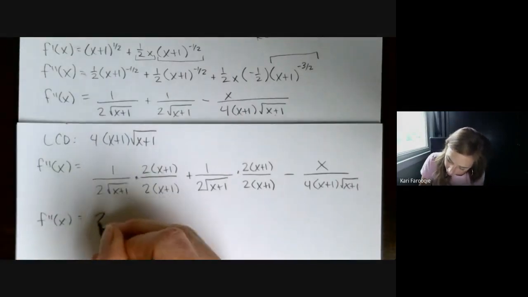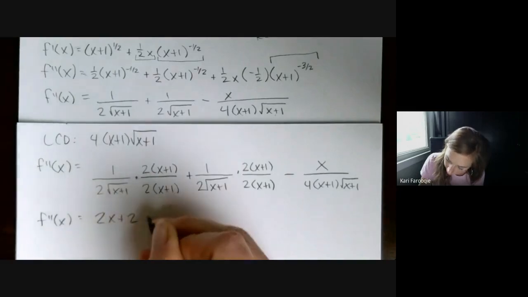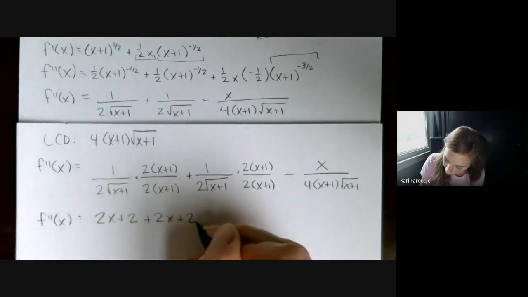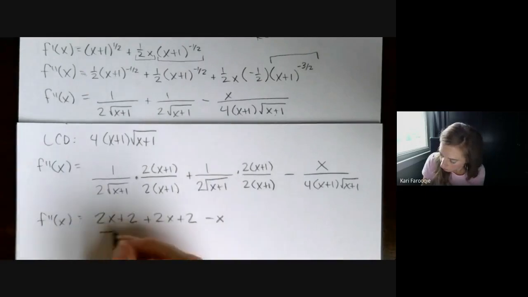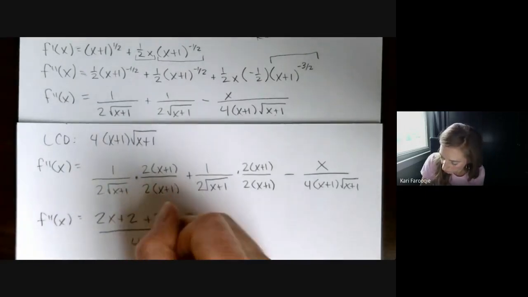So I have 2x plus 2 plus 2x plus 2 minus x. Now every single term has my LCD.